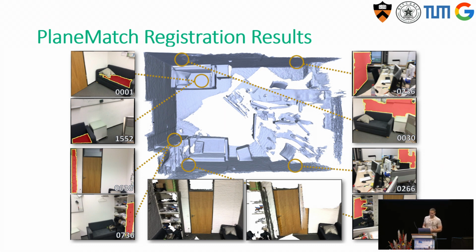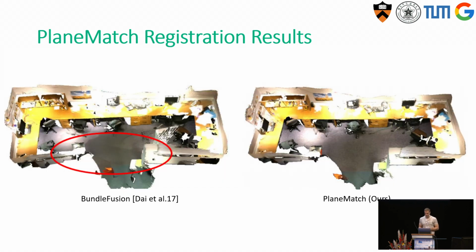If you're looking at some of these results here, we can see, for instance, here in RGB-D reconstruction, a couple of patches that have been extracted and that have been matched, and we've used those in order to constrain our global optimization. If we're comparing this visually to existing work, for instance, here we see bundle fusion. At the bottom left, you see clearly that these two walls in bundle fusion, they have no overlap. So there's no view that sees basically both sides at the same time.